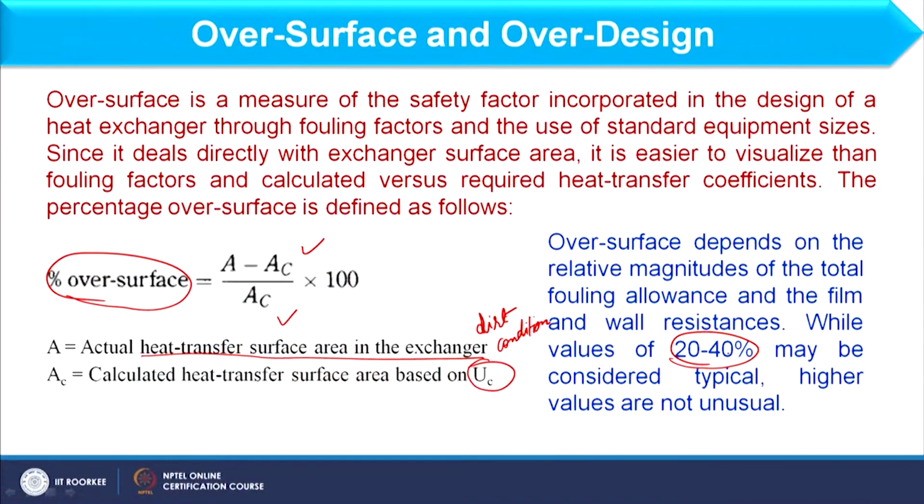So, when you consider this over surface percentage, it is up to 20 to 40%, and sometimes even higher than this, and then we consider that the design is not feasible or that is unusual condition.